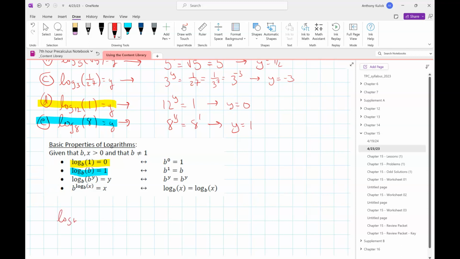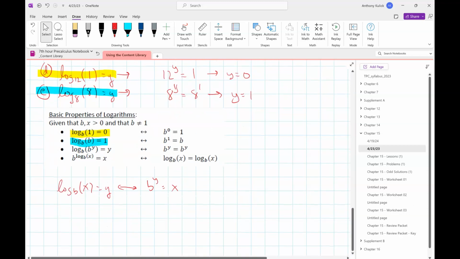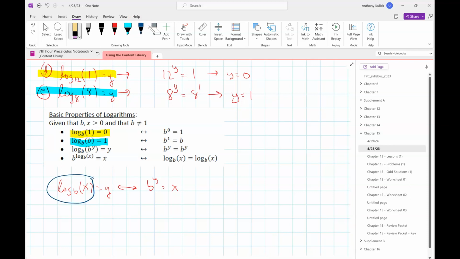Well, remember that log base b of x is equal to y, and that's equivalent to saying b to the y is equal to x, right? So what if I take this x and plug it in over here?